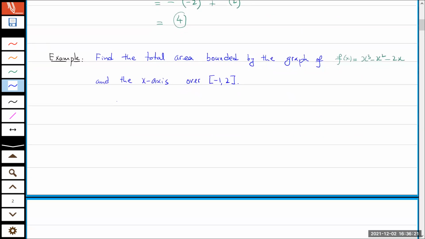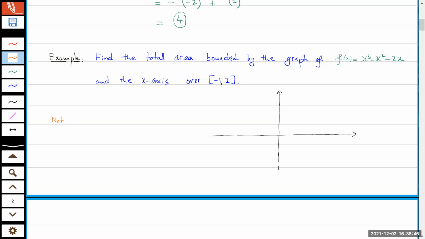Now, because I'm looking for the total area, I have to be very careful. I need to see where my function goes negative and where it goes positive. Let's try to sketch this. It's a cubic function, so it'll have the general shape of a cubic. To simplify my work, I can find the zeros of this function.